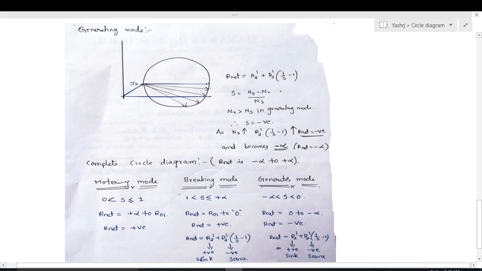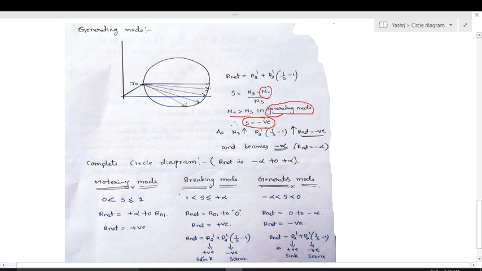Generating mode is when the induction machine acts as a generator, when the rotor speed is greater than the synchronous speed. At this condition the induction machine operates as a generator. If NR is greater than synchronous speed, the slip will be negative. These are the basics.